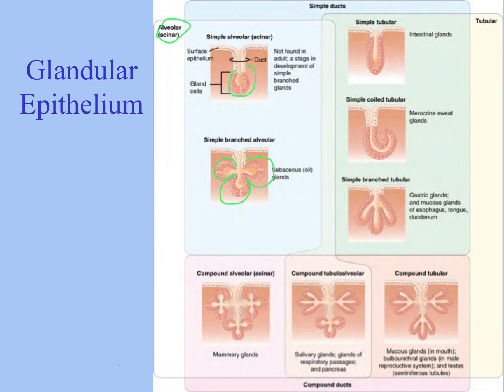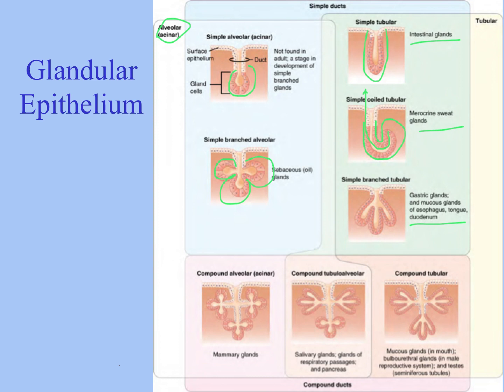That's why they're called alveolar or acinar. Other types of glands are simple tubular, so it is in the shape of a tube or various types of tubes where things are secreted and they move through the tube to the surface. You'll see tubular glands in the intestines, sweat glands, and various other digestive glands as well.